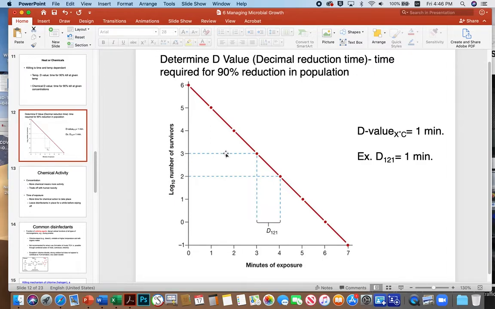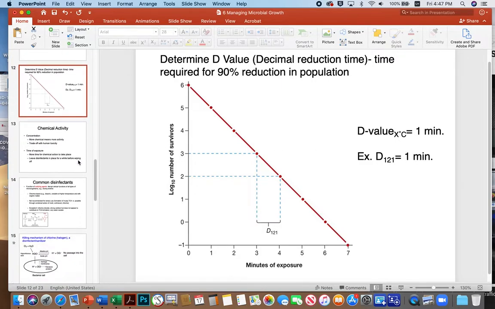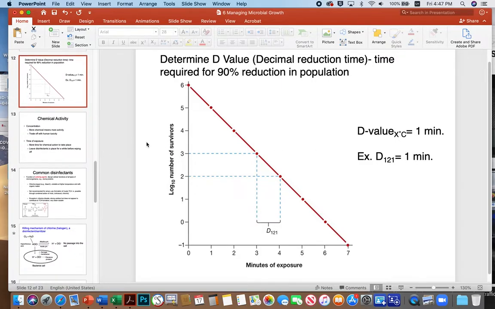Well, we extrapolate to our line of best fit, and then we drop down to the x-axis, and we find that the D value is 1 minute. You can imagine that this could just as easily be a chemical D value, as opposed to minutes of exposure. These numbers then would just be a certain concentration of drug.